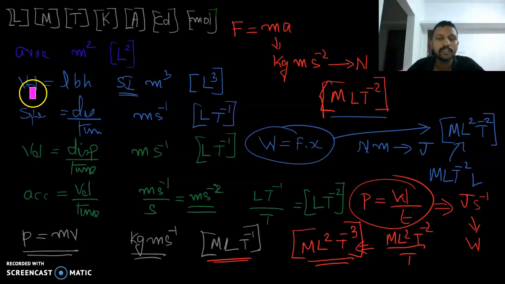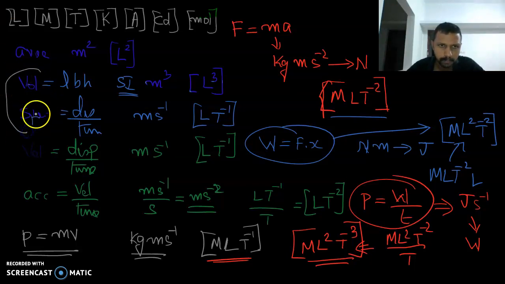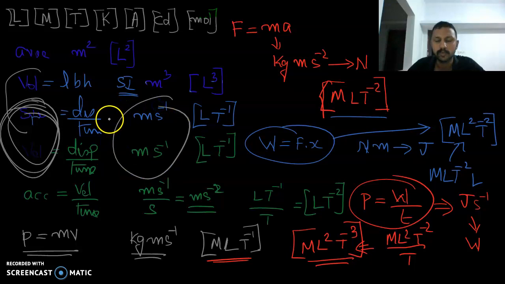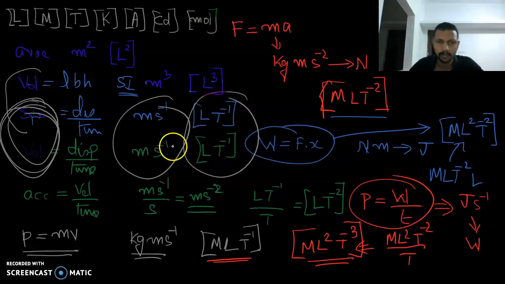The SI unit of volume is meter cube, and its dimensional formula is L cube. The SI unit of speed and velocity is m s raised to minus 1 or meter per second, and its dimensional formula is LT raised to minus 1.